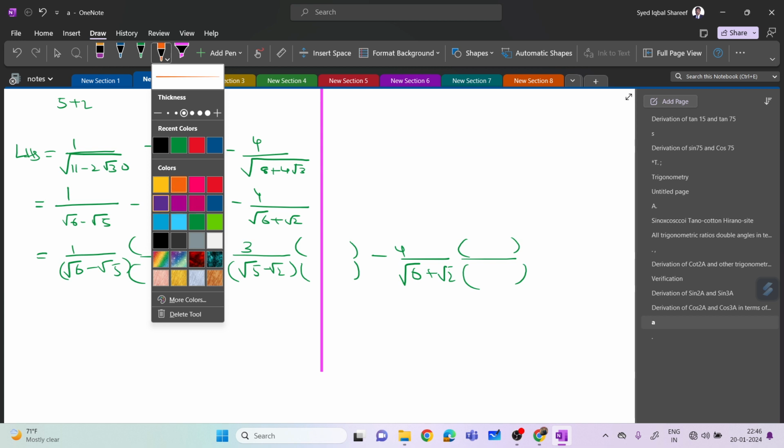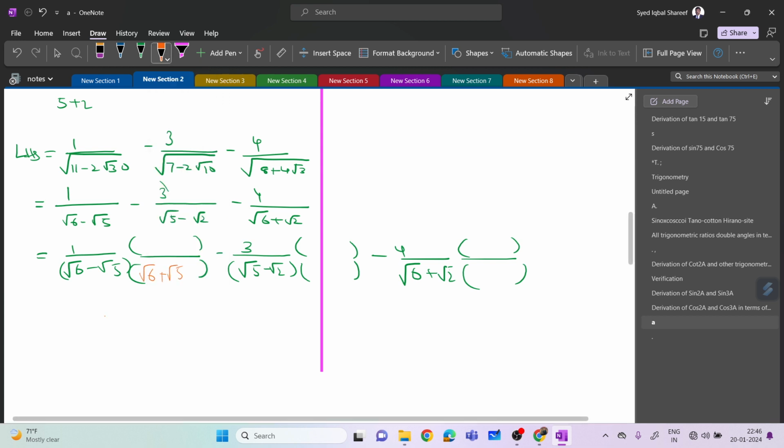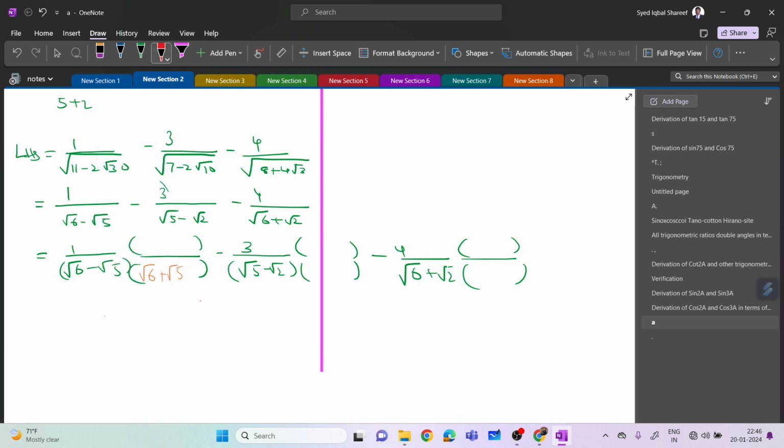If minus is there, you have to write plus. If plus is there, you have to write minus.